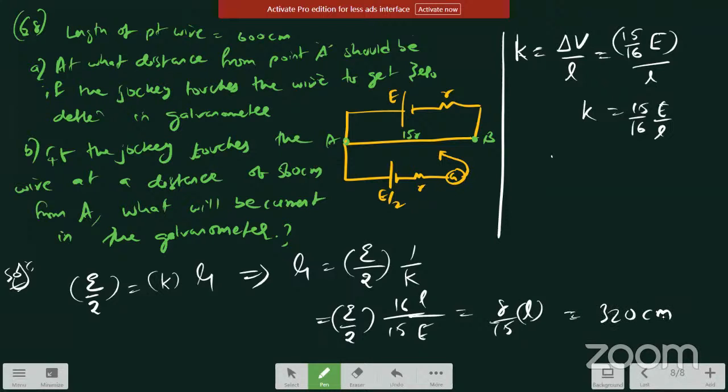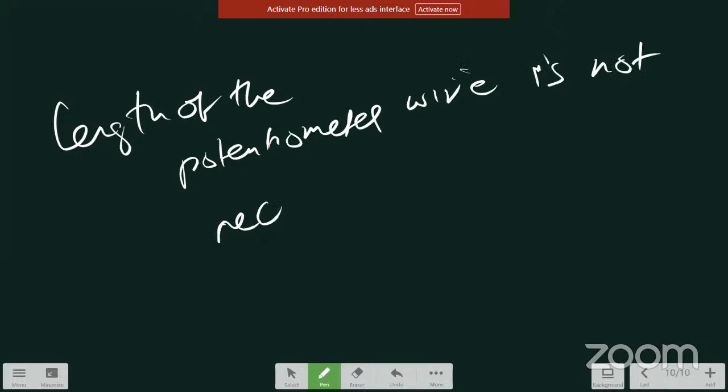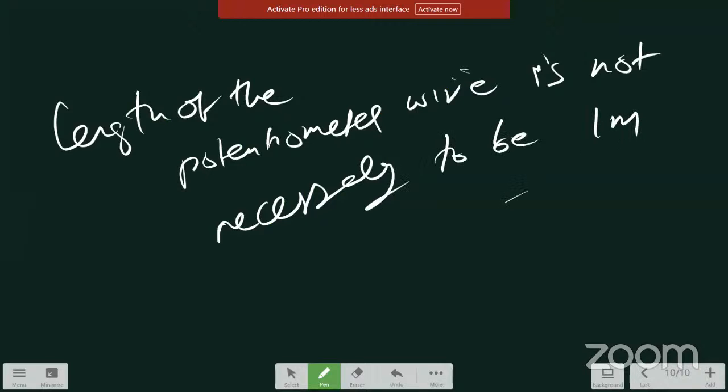Someone has commented on this. Who told that L should be 1 meter? I have never told that. Aishwarya Kunjit, the length of the potentiometer wire is not necessary to be 1 meter.